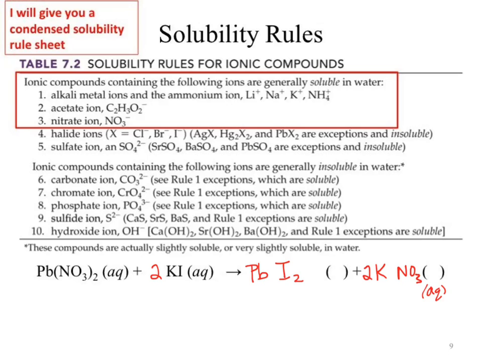Halide ions, in general, are soluble with certain exceptions. What are those exceptions? Silver, mercury, and lead. So if we have an exception to solubility, that means lead iodide is solid. Flip your reactions, use the rules to predict your phases, and you should be set to go.